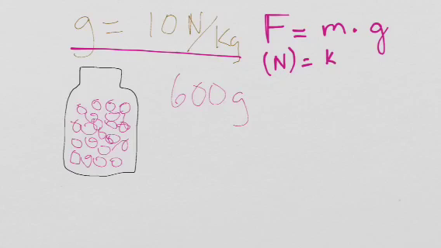Mass is always in kilograms. And the gravitational constant is always in newtons per kilogram. So if you're given something in grams, can you just put 600 into that equation? No, you cannot, because 600 grams is not the same thing as kilograms. Grams and kilograms are very different. They're both masses, but one of them is a heck of a lot bigger than the other.